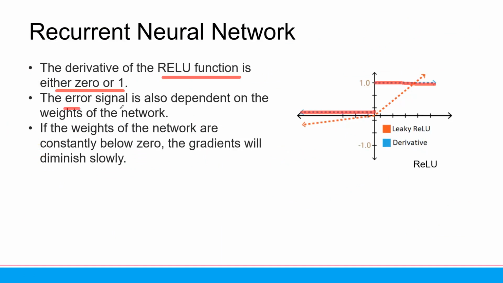The error signal is also dependent on the weights of the network. If the weights of the network are constantly below 0, the gradient will diminish. If it is always 0, it will keep as 0, and the network will not be improved.